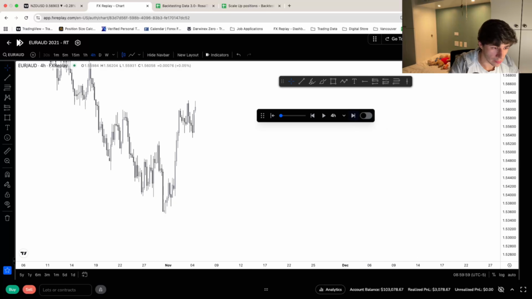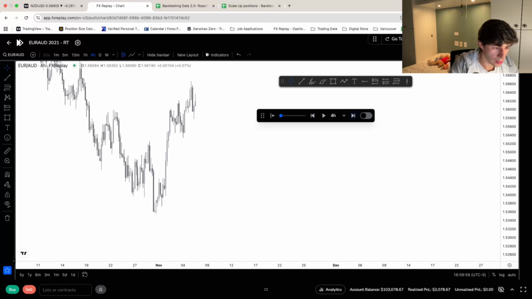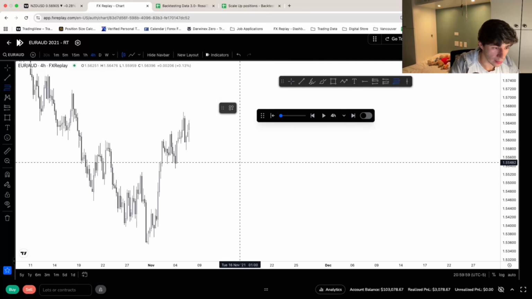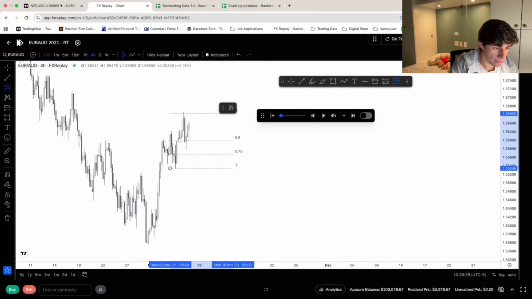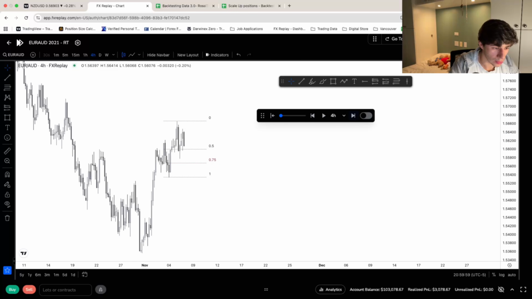Let's see if we have price reversing. Okay, so this is valid. Was super close, miss. Never mind.